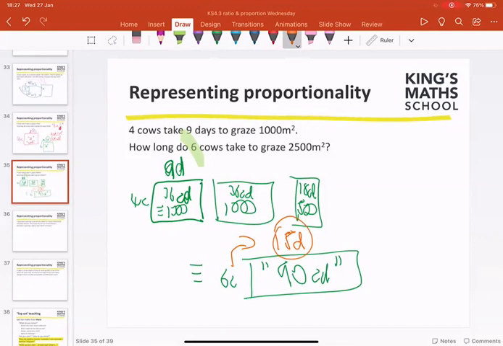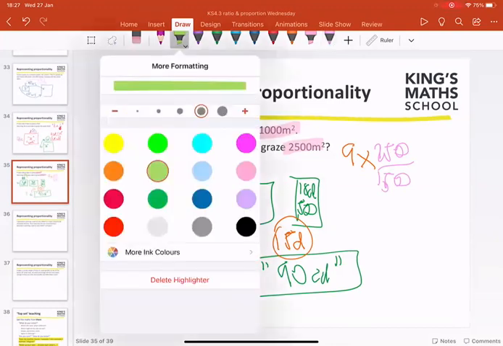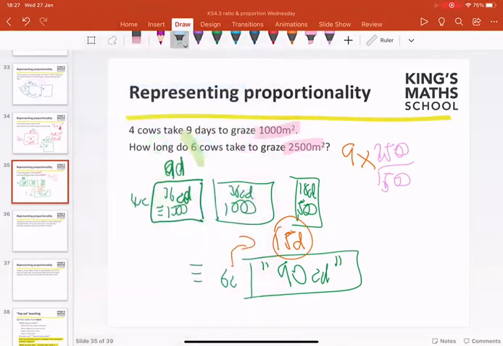Now, of course, you can do this numerically, and the standard argument would be something like, well, it's 9 days, and then the extra area increases the time, is an increasing scale factor, because there's more to chew, whereas increasing cows is a decreasing scale factor, because more cows means it'll take less time, there are more mouths.